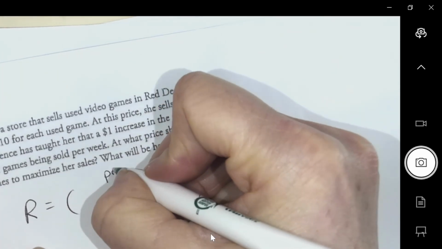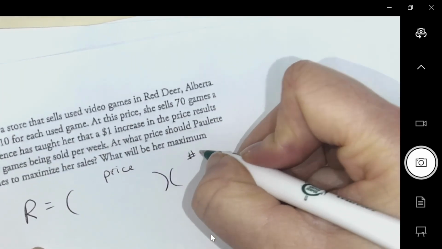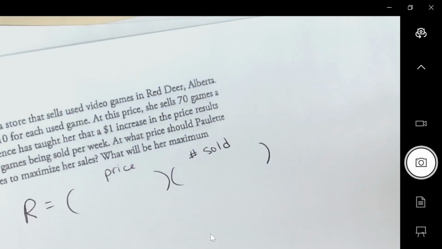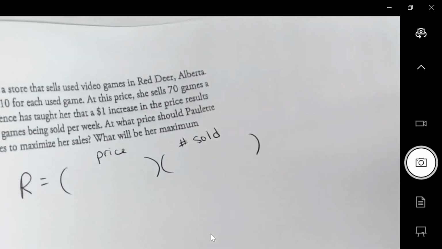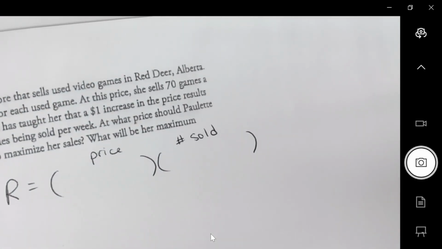Price, numbers sold. Who asked what page I'm on? It's Paulette. You got that one? It's 14. Bottom of 14.